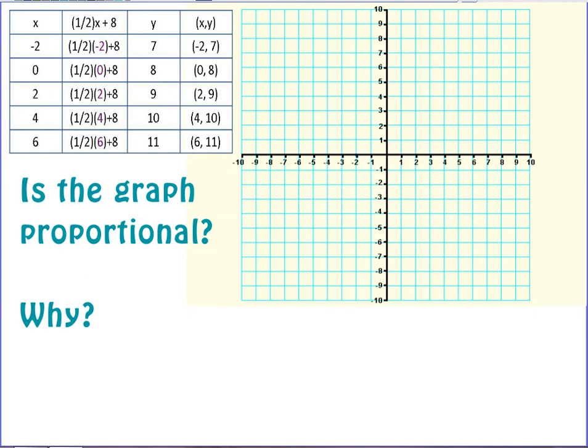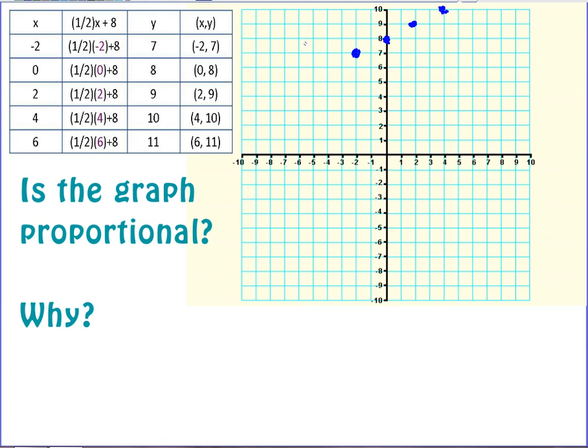My first point was -2, 7. My next point was 0, 8. Then we had 2, 9, 4, 10. And 6, 11 isn't going to quite fit on our graph. It'll be up here a little ways.